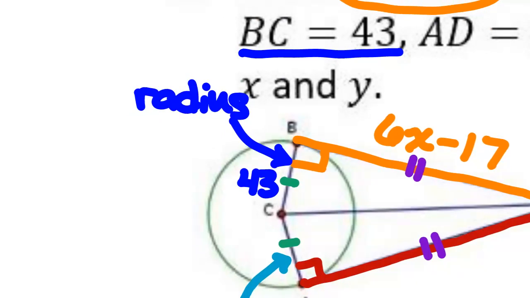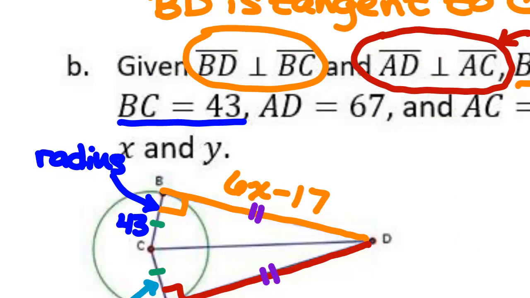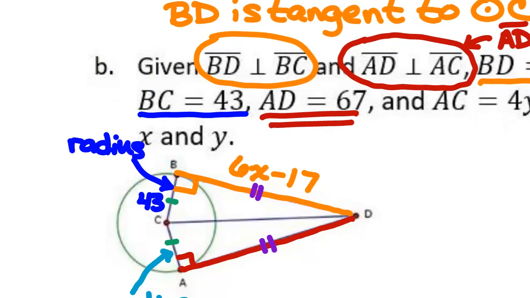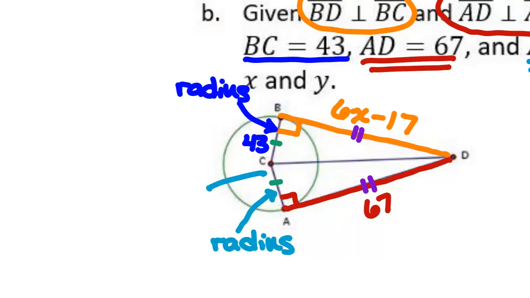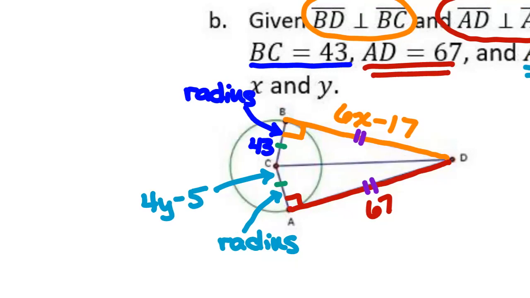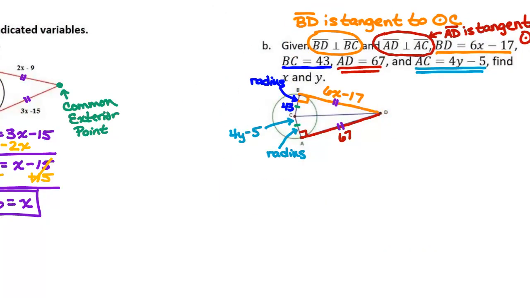AD is 67. And AC is 4y minus 5. We're supposed to solve this for x and for y.